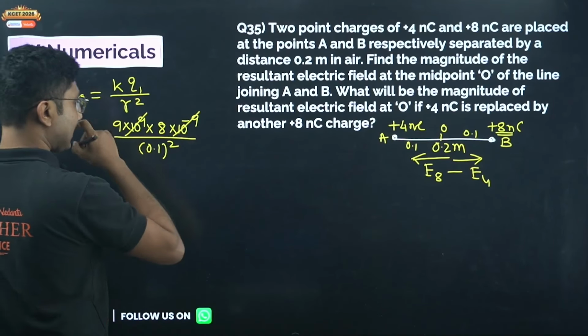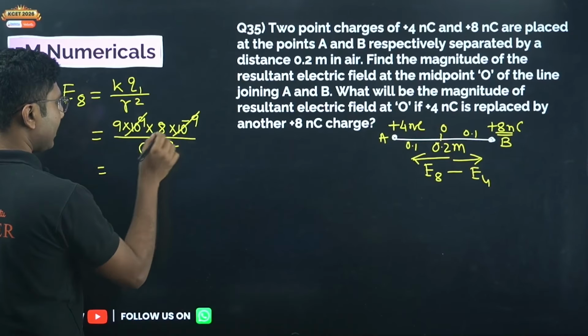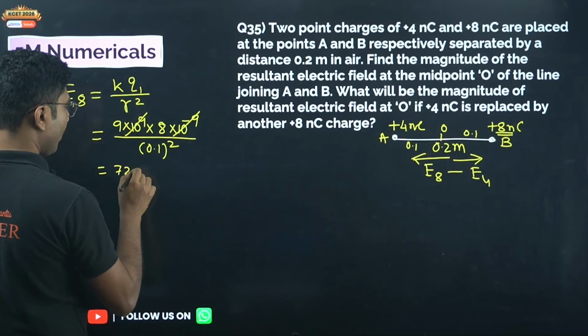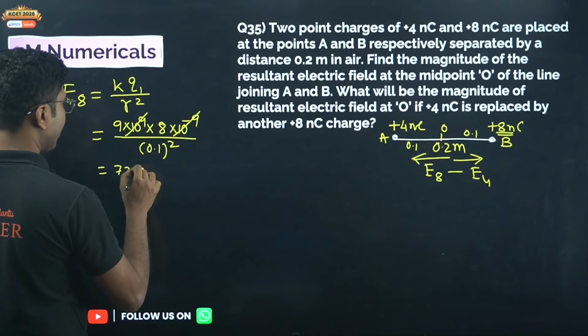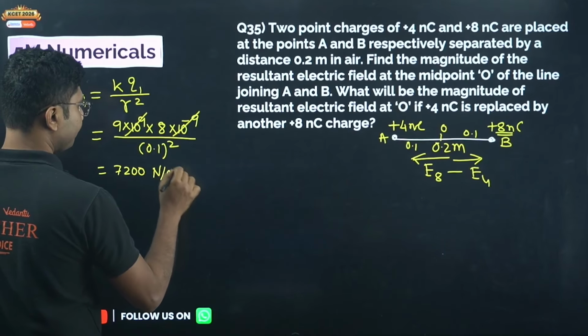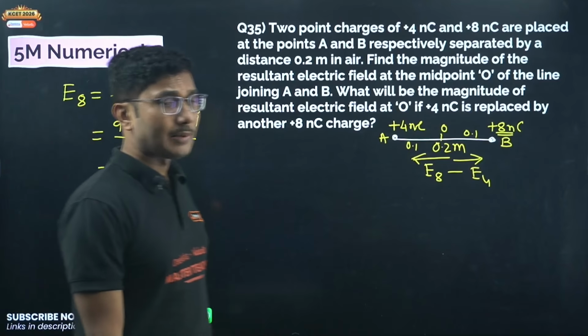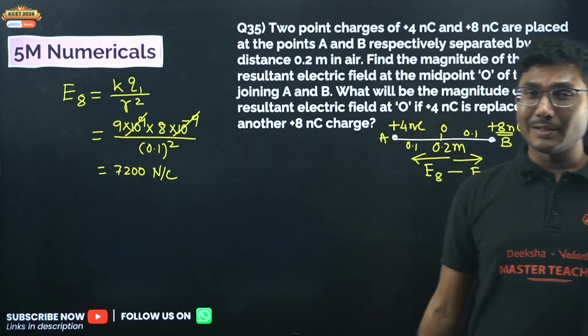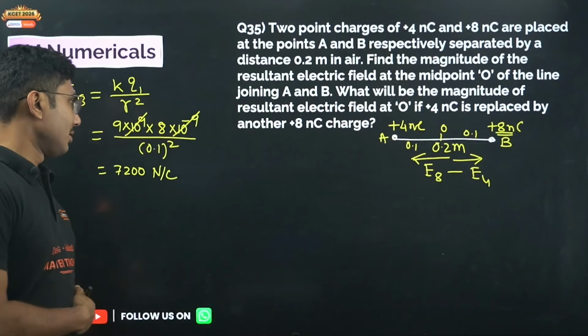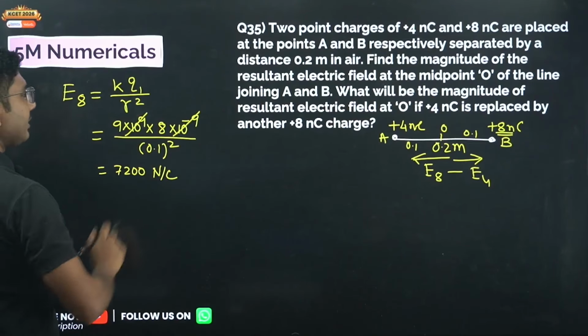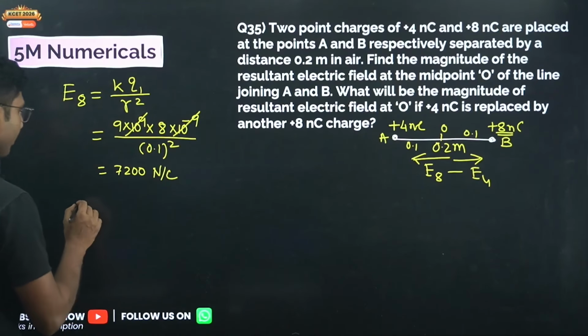The powers of 9 and minus 9 cancel, and we get 72, and 100 comes from here, so 7200 Newton per coulomb. Divided by 0.1 square means divided by 0.01, that means multiplied by 100. If you have any confusion regarding this, just check it once on your own.